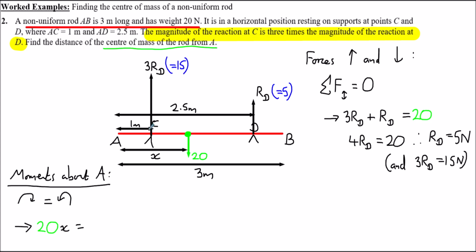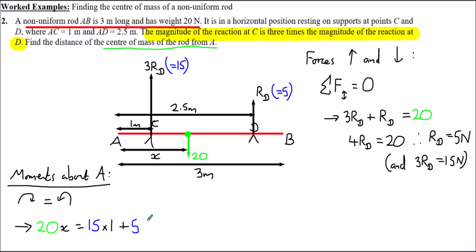So 20 multiplied by x going clockwise will be equal and opposite to the sum of these moments from the reaction forces. I'll just put the number in straight away. So it's 15 newtons, and the distance of the line of action of the third force is only 1 metre away from A. And this 5 Newton reaction, we can see is 2.5 metres away.